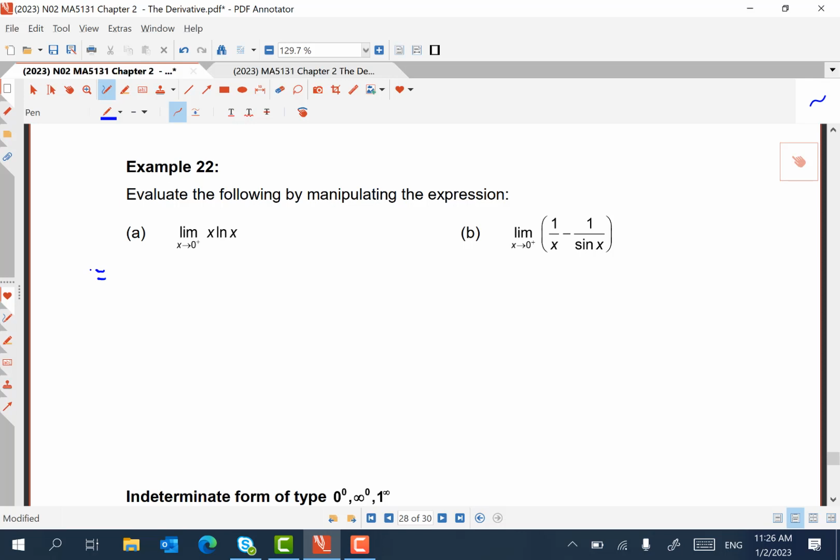We've got to use L'Hopital's rule. In his mind, he's thinking now, how do I do it when it's like that? Because to use L'Hopital's rule, you need a fraction.